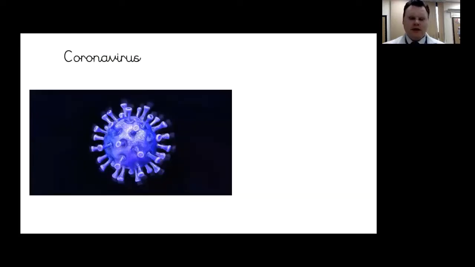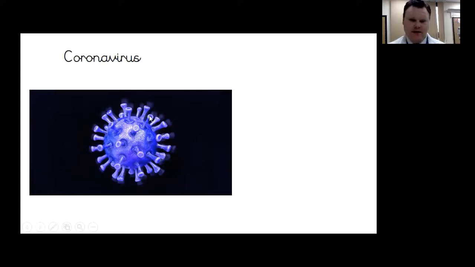And of course, what has affected all of our lives across the whole world in the past year is coronavirus. This image shows what the coronavirus could look like. You can see these, they're called spikes, on the outside of the virus.